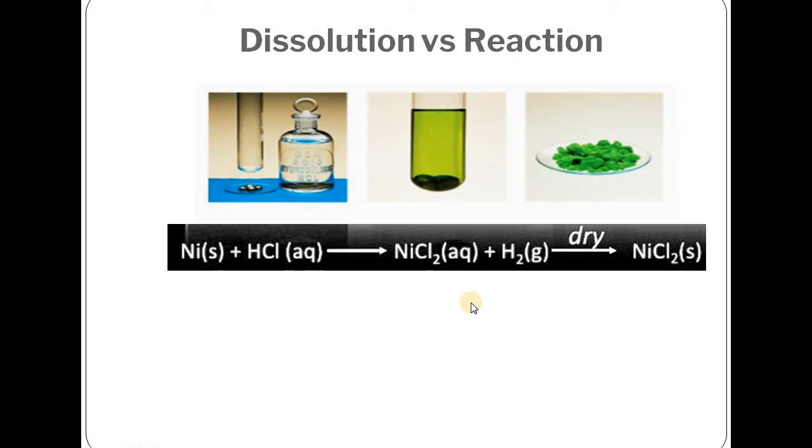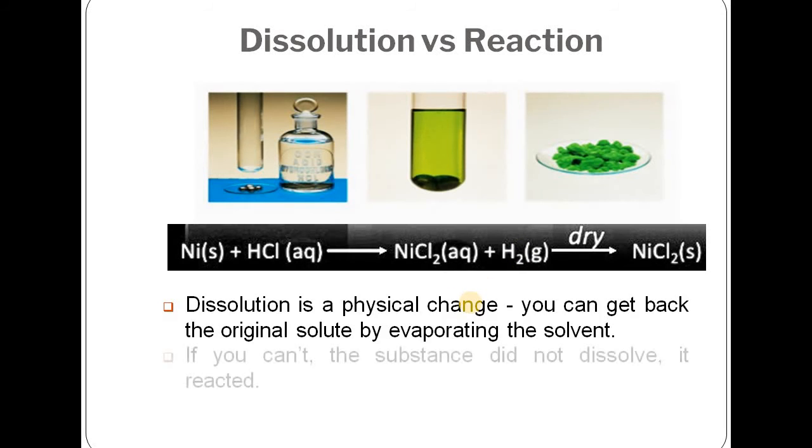Now, if you dry the solution by evaporating the solvent and you get the original solute back, in that case the process is a dissolution. But if the substance is not obtained in its original form after evaporating the solvent, in that case we call it a reaction. If the substance has reacted, then there will be some change. If it has only dissolved, on evaporation we get the same substance in its original form.